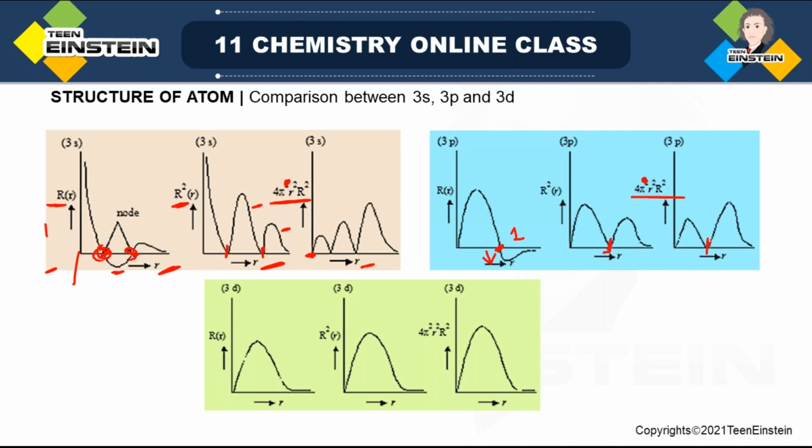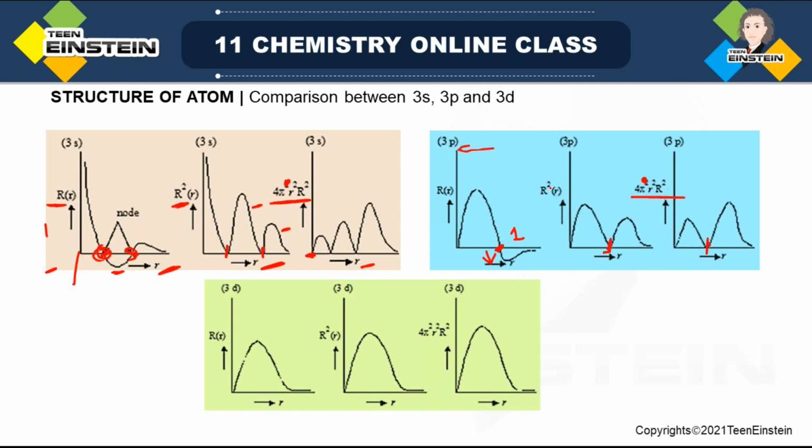So whatever graph you take, whether it is R or R square or 4 pi r square R square, in all cases you will see the same number of nodes will be there, because after all it is 3p. Fine. So how many nodes are there, that will always be same, but nature of the graph may change or it may not.